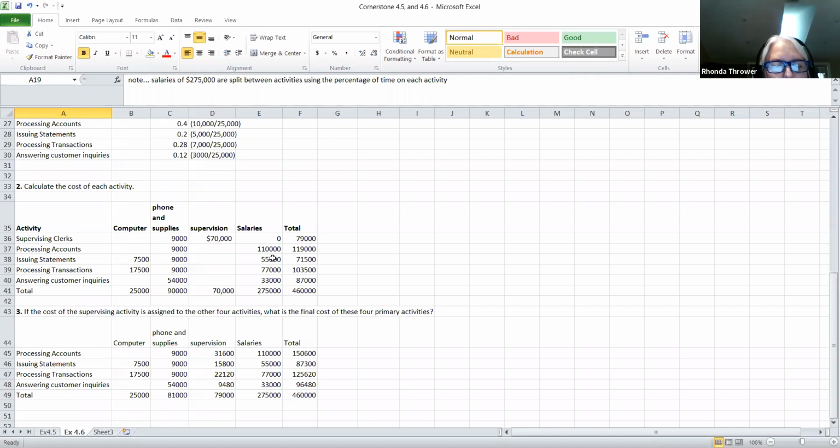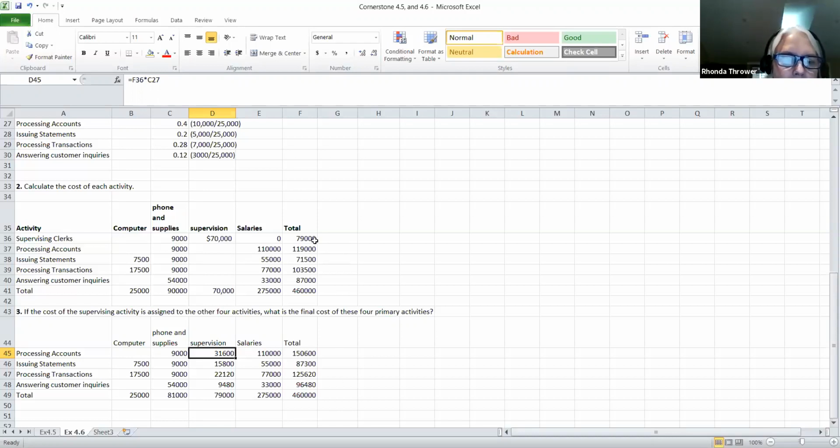So processing accounts is 40%. 40% of 79,000 gives you 31,600. That is for supervision. In other words, if you can think of it like this, in this what if analysis, they're absorbing the supervisor's salary into the other cost.